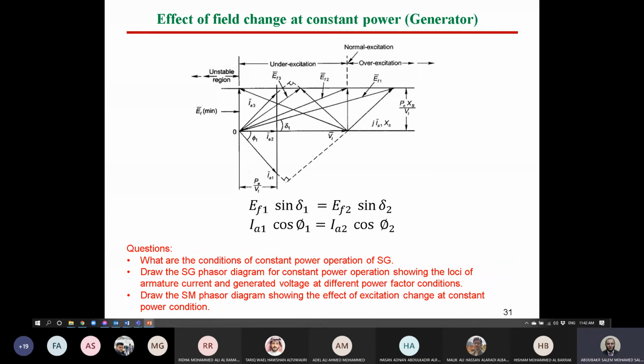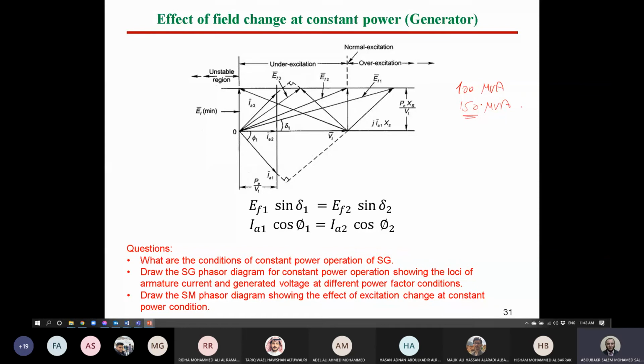So the new operating point will be 150 megavolt ampere. Firstly it was 100, and it's required to be increased to 150. If you increase the load on the generator from 100 to 150 at the same excitation voltage, the power angle will be increased.